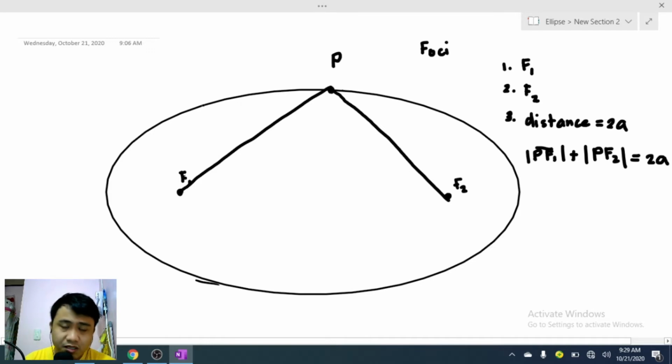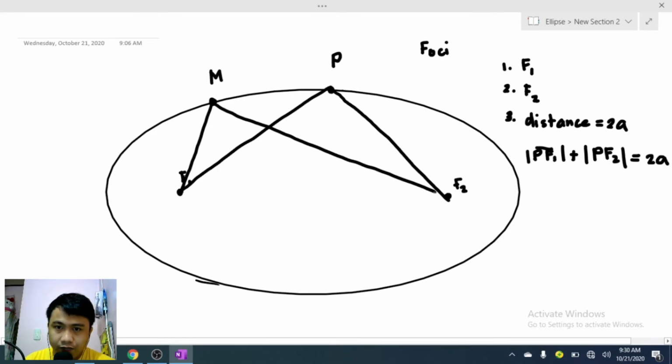So, example, kuha tayo ulit ng isang point. Pangalan niya ay point M. Then, i-connect natin ulit kay focus 1, then kay focus 2. So, ang sum ng mga dalawang yan na line segments, MF1 plus the distance of the line segment MF2, ay parating 2A.